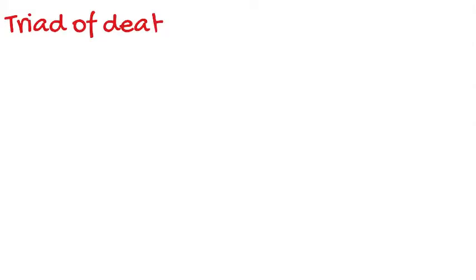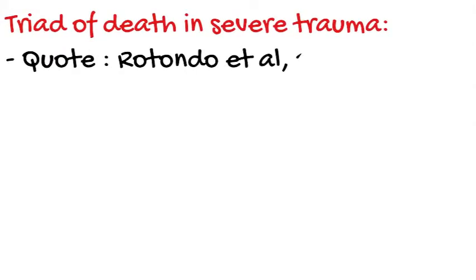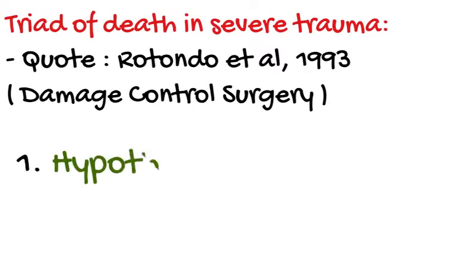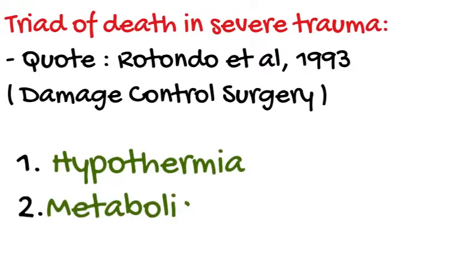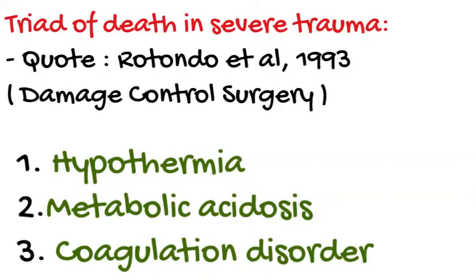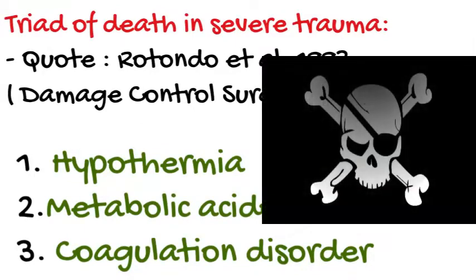I am quoting from Rotondo et al., 1993, from damage control surgery. He said that the triad of death in severe trauma is: 1. Hypothermia, 2. Metabolic acidosis, 3. Coagulation disorder. That means the patient will succumb to death due to these causative factors.